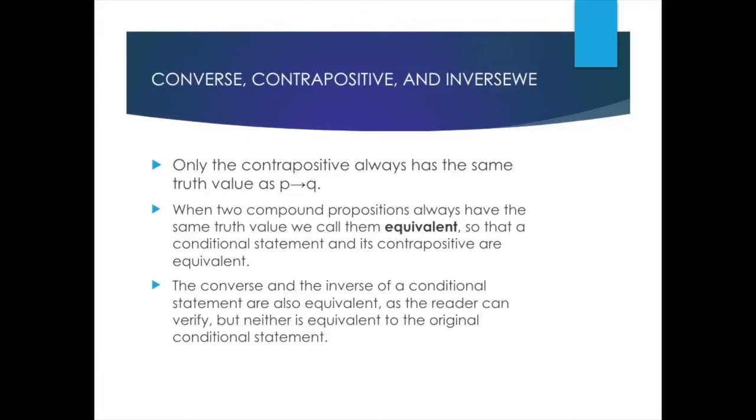When you convert them to truth table values, you will find they are equivalent. But neither is equivalent to the original conditional statement. The converse is not equivalent to the original conditional statement, and the inverse is also not equivalent to the original conditional statement.